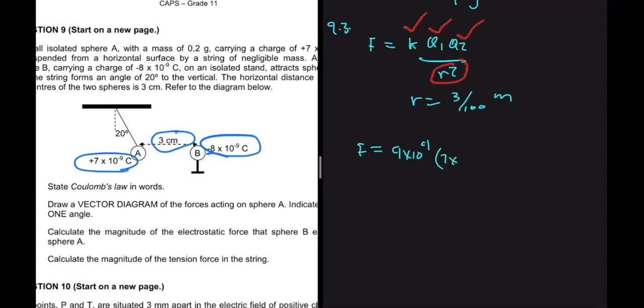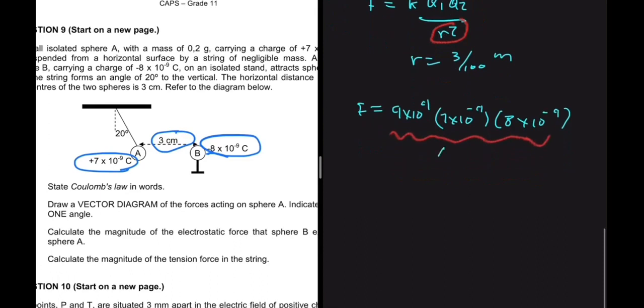So we're going to have 7 times 10 to the minus 9. And then Q2, which is sphere B, we're going to have 8 times 10 to the minus 9. We only put the magnitude and not the sign, divided by R squared. R, we say that is 3 centimeters. You convert it to meters by dividing by 100, and then you square.